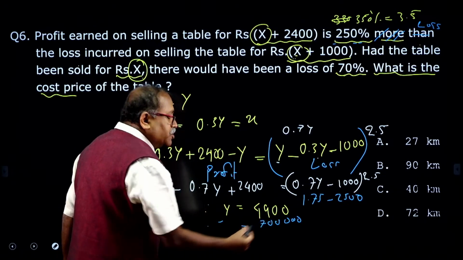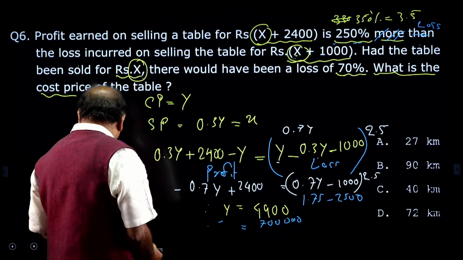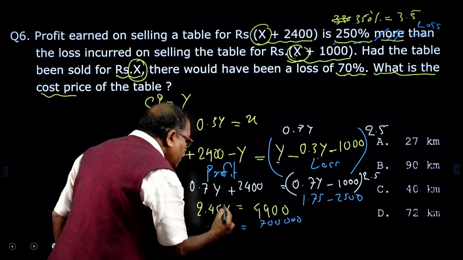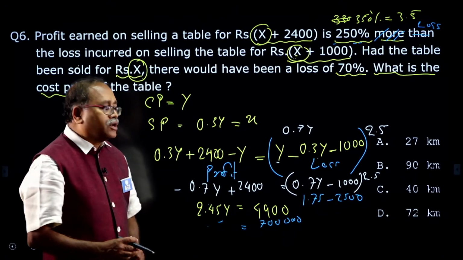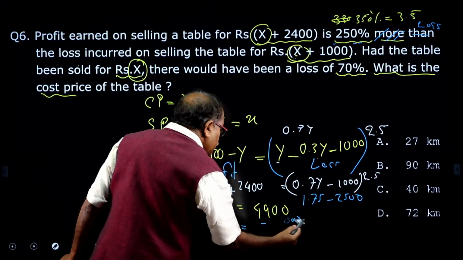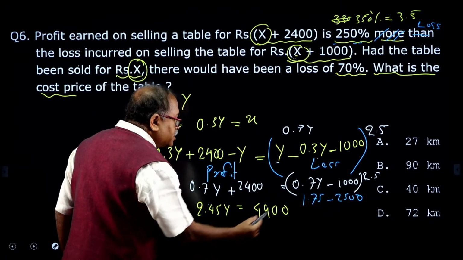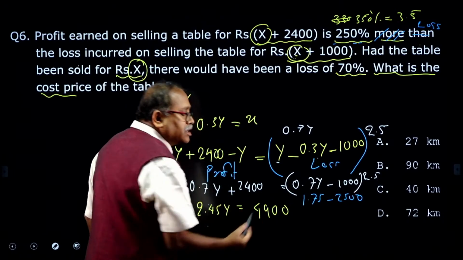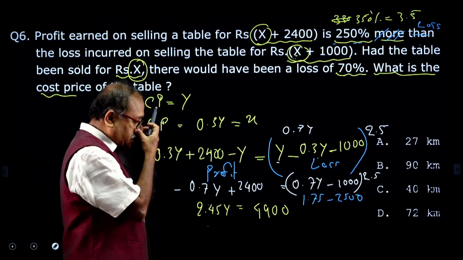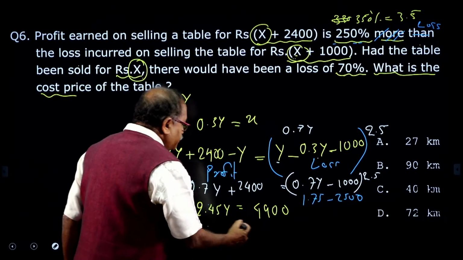So, that is 2.45 Y. Let us write down this one as 2.45 Y, which is equal to 4900. Now, it is clear. I made a small error in this. When it goes to the other side, it will become plus. I subtracted it. Then what is Y?